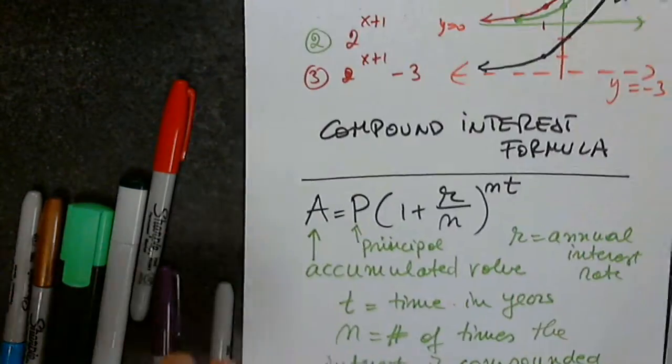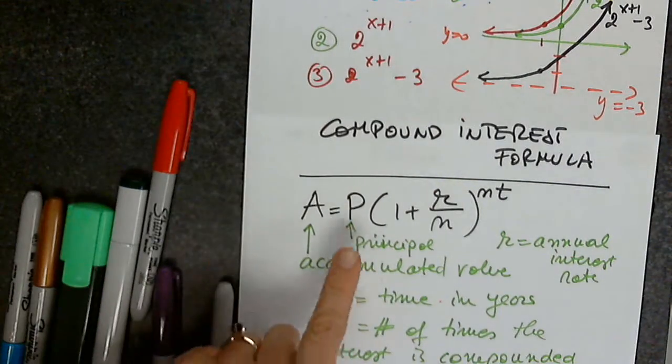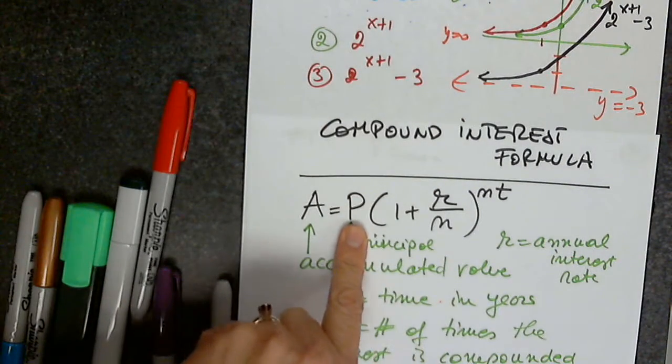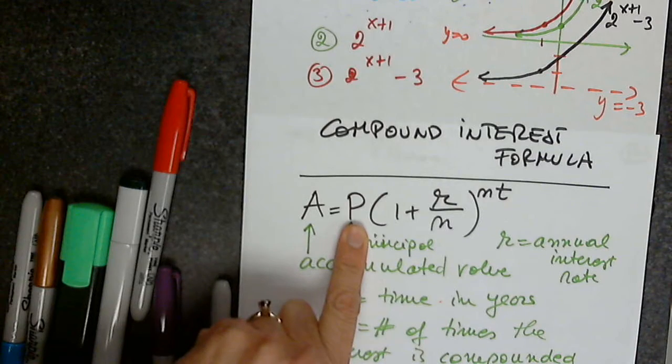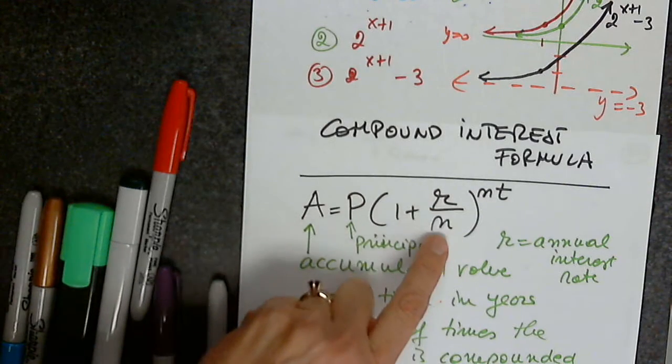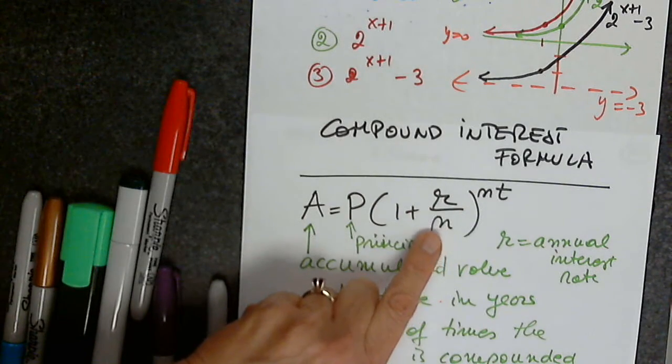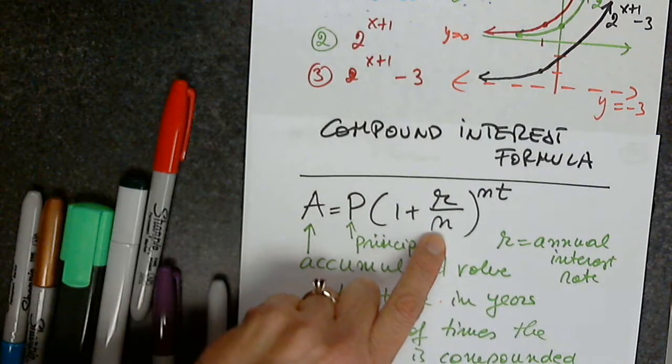Okay, so how does this work? Let's say I have $1,000 and I deposit the amount at a certain interest rate per year. The interest is compounded twice a year, let's say.